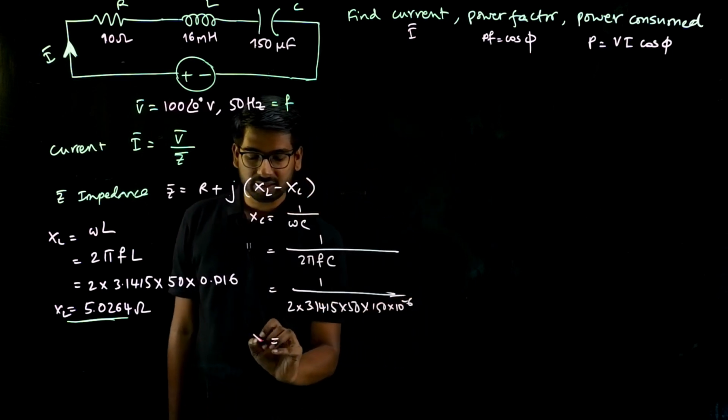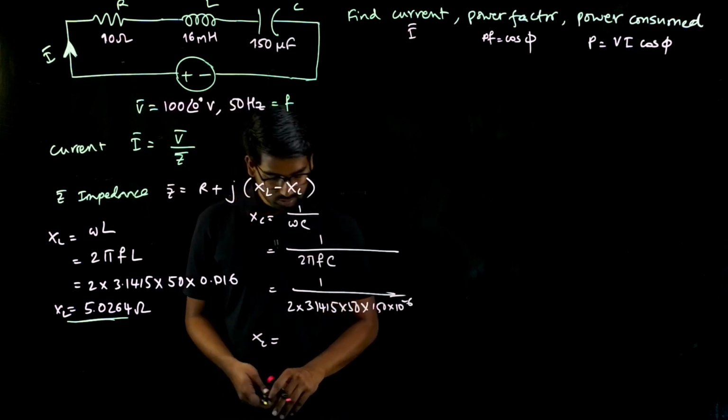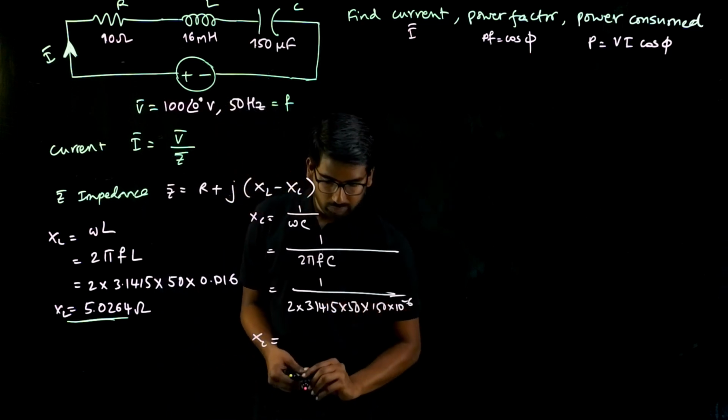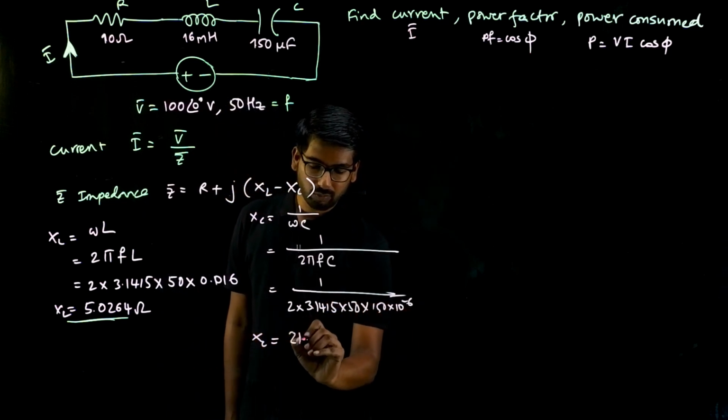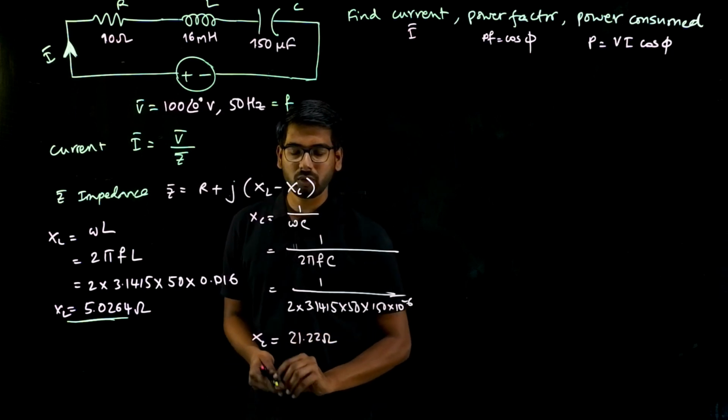If you substitute this in the calculator, we will get XC equal to 21.22 ohms.